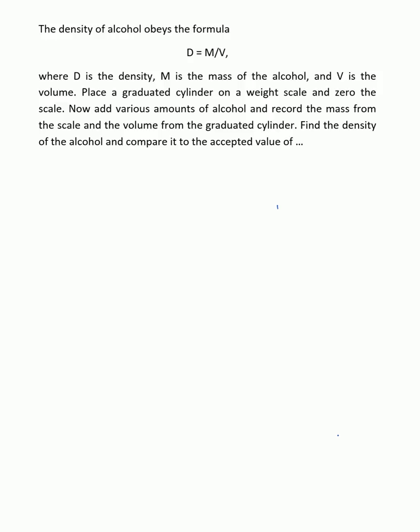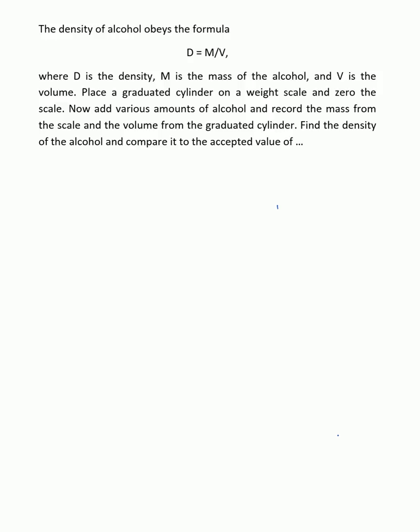Now we add the various amounts of alcohol and record the mass from the scale and the volume from the side of the graduated cylinder, which is marked, usually in milliliters. Find the density of the alcohol and compare it to the accepted value, whatever that is. We don't really care.